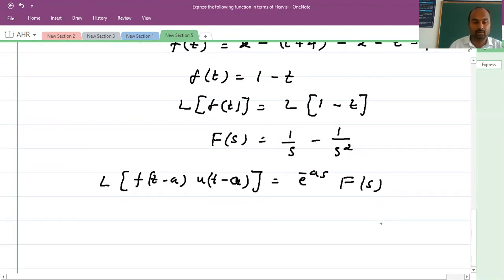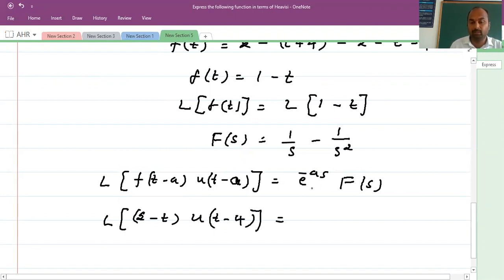So therefore, Laplace transform of 5 minus t into u of t minus 4: t minus a means we write e power minus as, so t minus 4 means it is e power minus 4s into f of s. F of s is 1 by s minus 1 by s square.